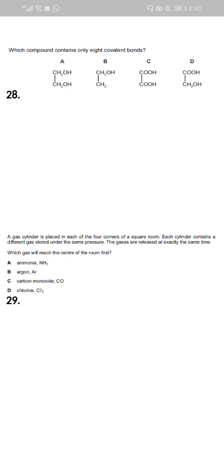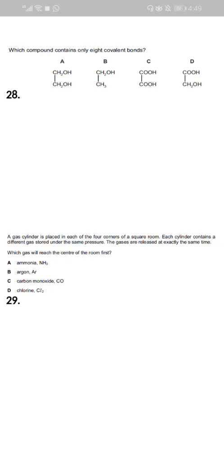This question is about diffusion, and diffusion depends upon the relative molecular mass. The greater the molecular mass, the lesser the rate of diffusion. So primarily you need to know the molecular masses of all the options.